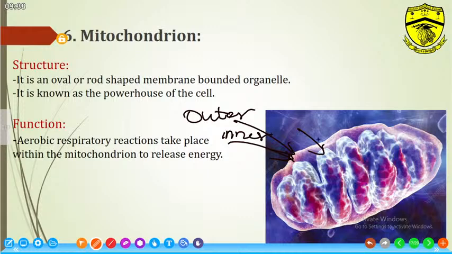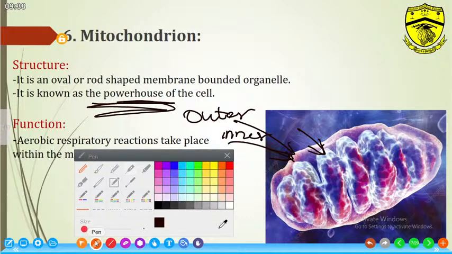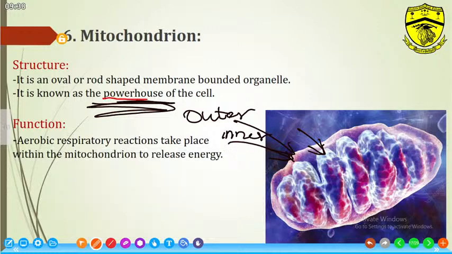This is the cristae. So this is an oval shape. So it is an oval or drop-shaped membrane-bounded organelle. It is known as the powerhouse of the cell. Do you know that? We call that the powerhouse.